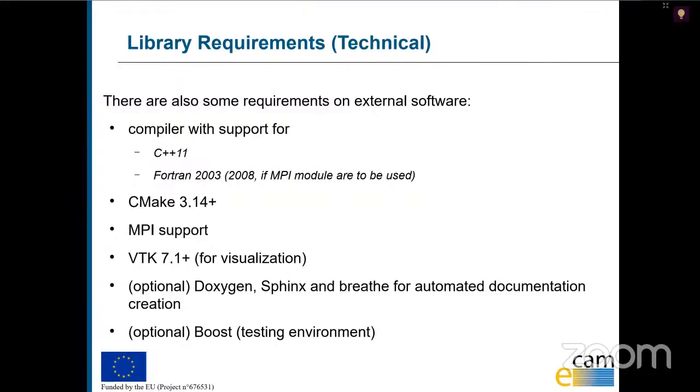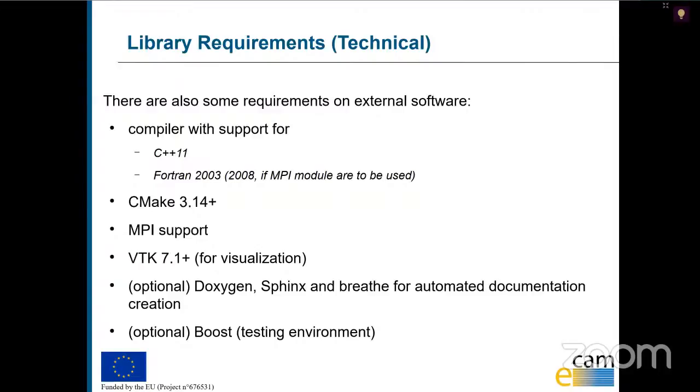We're using CMake in order to make it easier to build the library, and there you need at least CMake 3.14. Of course, the library is using MPI for its internal communication, therefore you need an MPI compiler.